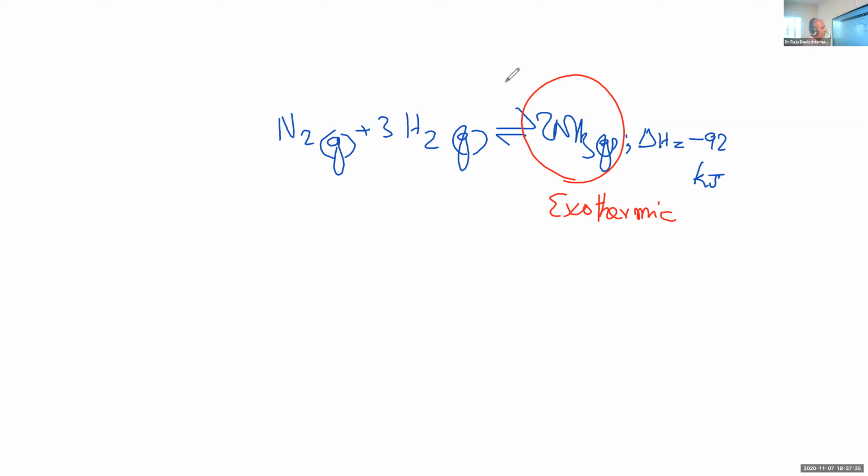Why? Production of ammonia is exothermic, delta H is negative. An exothermic change decreases when temperature increases.